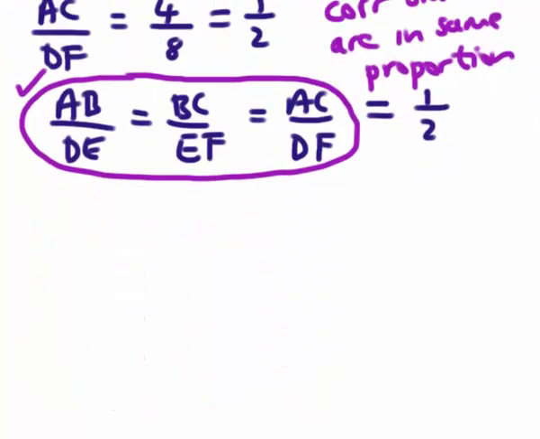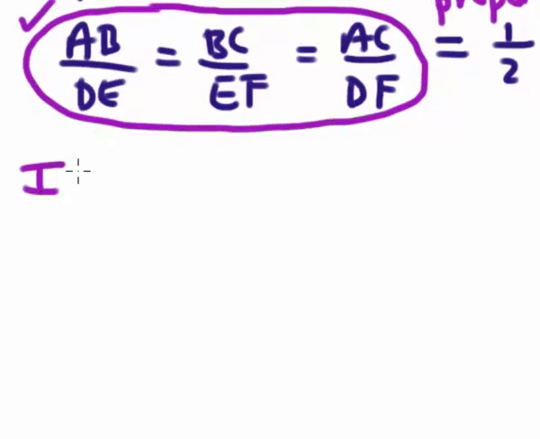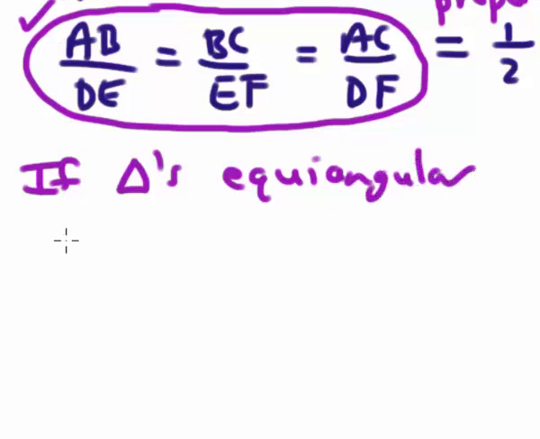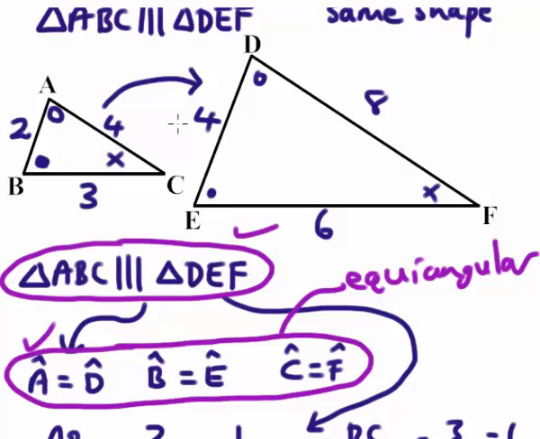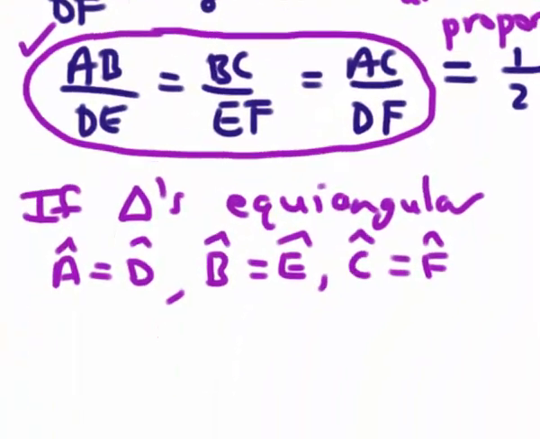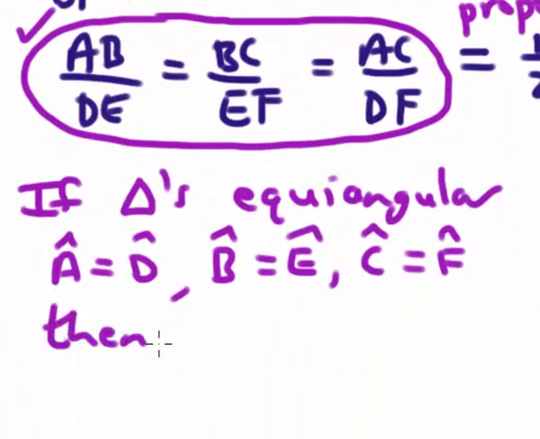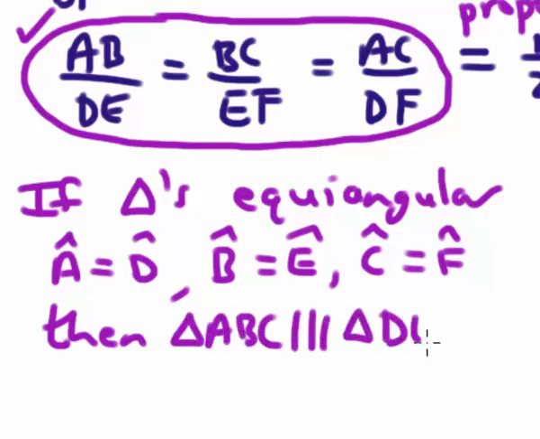Now, it also works the other way. This is important: if the triangles are equiangular, in other words, if angle A is equal to angle D, angle B is equal to angle E, and angle C is equal to F, if the corresponding angles are equal, then we can say that triangle ABC is similar to triangle DEF. That's one condition.